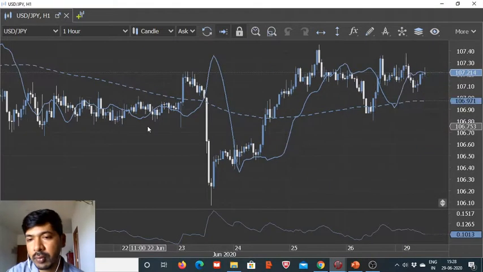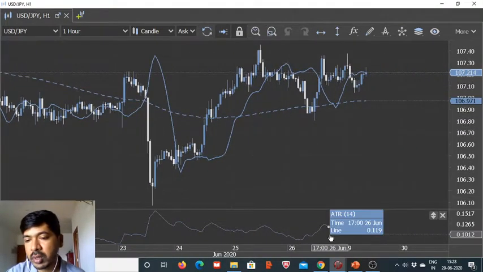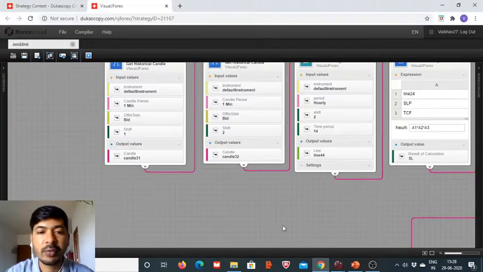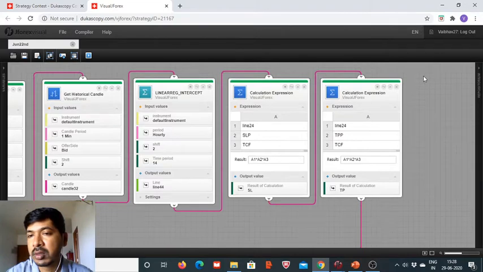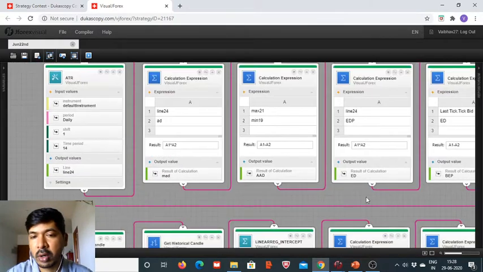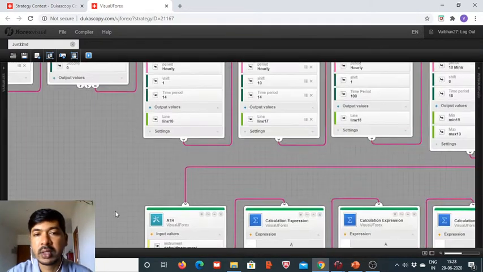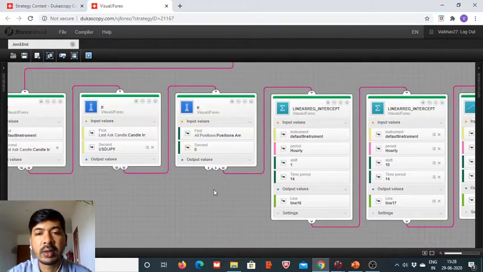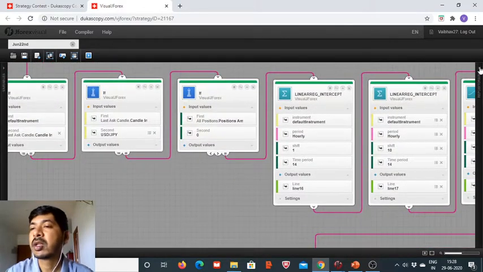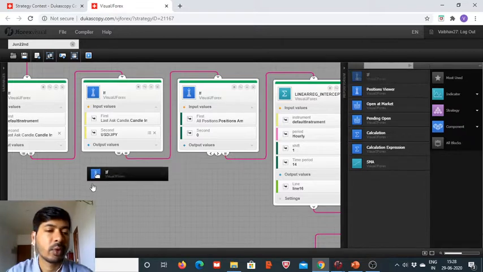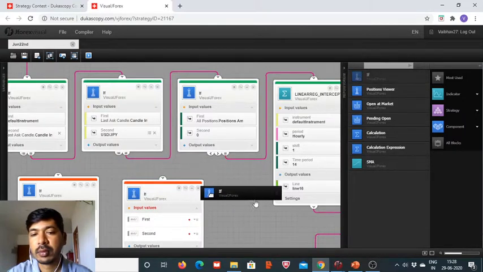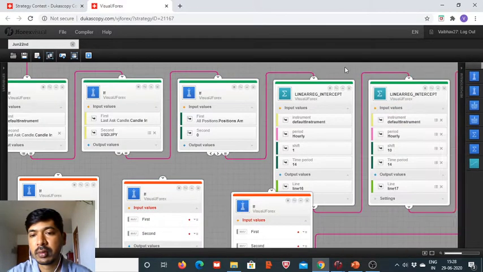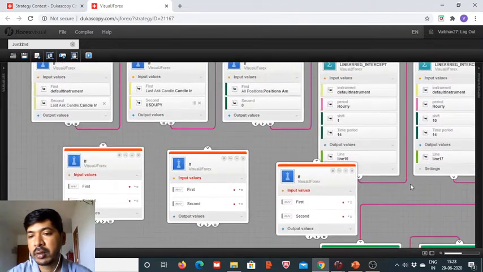So now we turn our attention to the visual JForex platform, and we have to do a lot of if conditions to make sure that all the required conditions are in place. So we start right from the linear regression intercept. We bring in a couple of if blocks at first, and here it is.